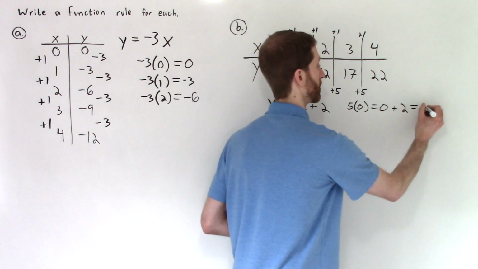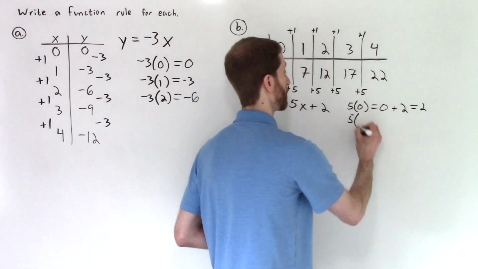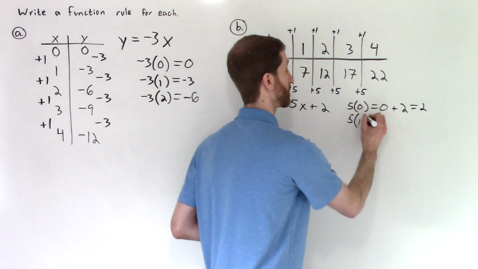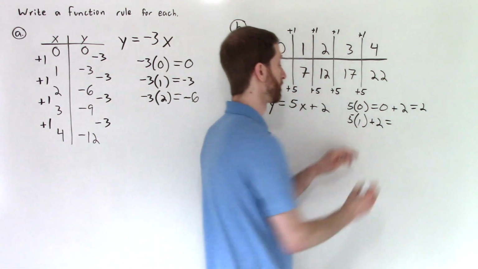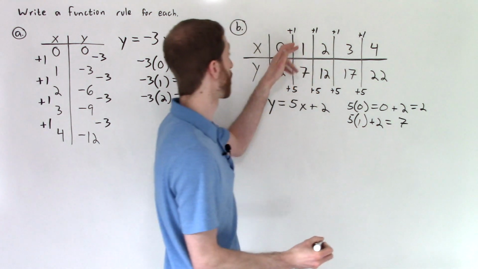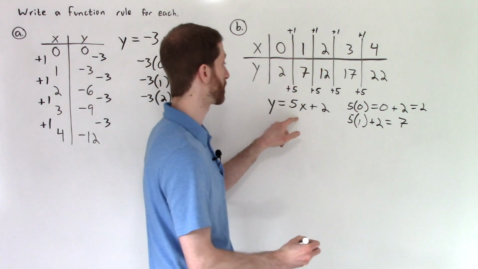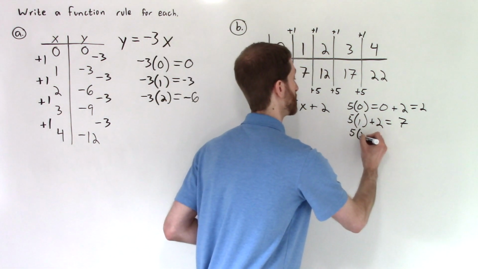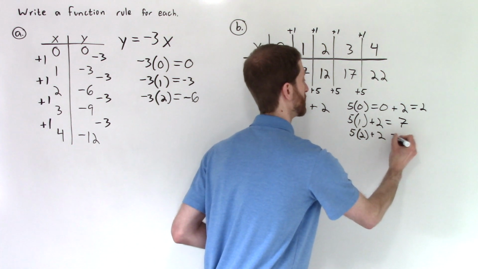Well, we know that gives us 2. Let's try the next one. 5 times 1, just checking our answer here, plus 2. 5 times 1 is 5, plus 2 is 7. That got us from 1 to 7. Let's input 2 into our function rule. 5 times 2 is 10, plus 2 is 12.